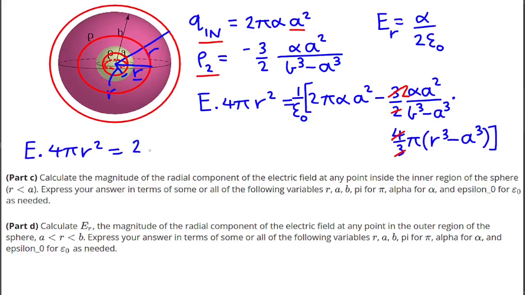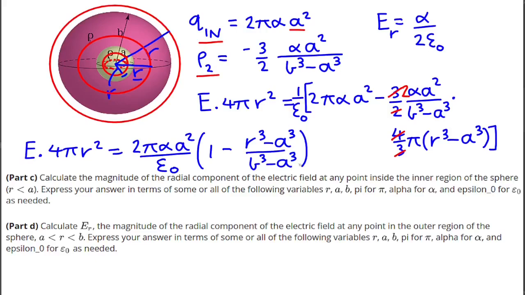So we can factor out 2 pi alpha a squared on epsilon naught, and we have 1 minus r cubed minus a cubed on b cubed minus a cubed. And then dividing through by r squared and 4 pi, we get a 2 in the denominator. And that's our electric field in the radial direction.